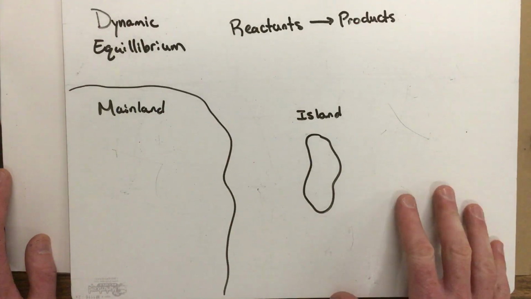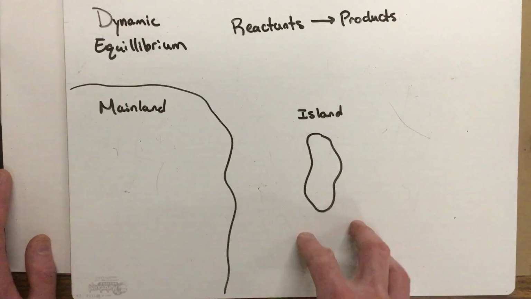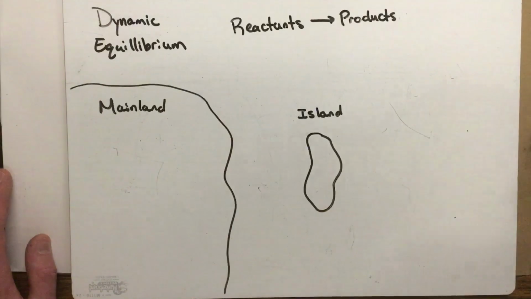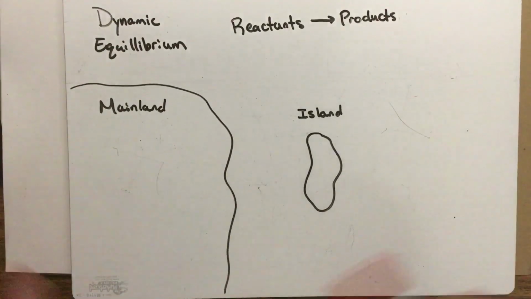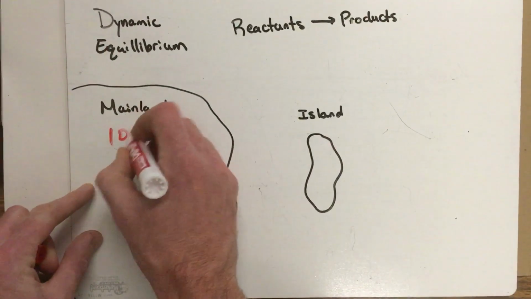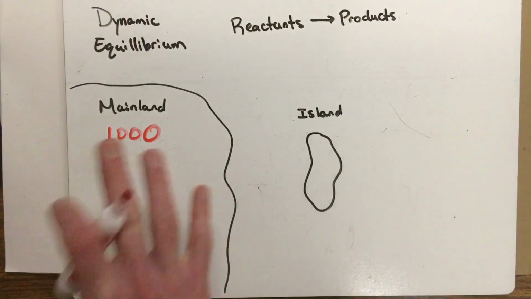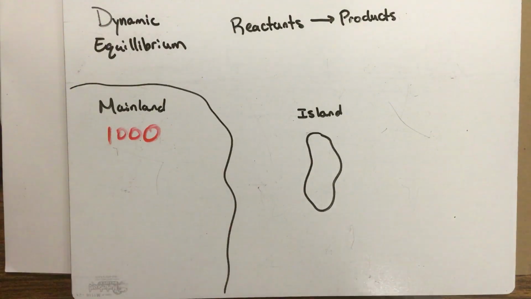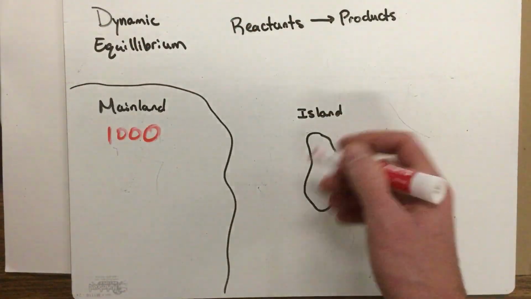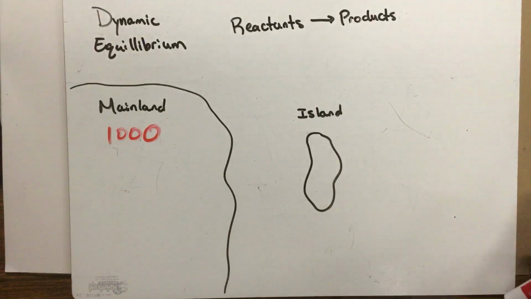So I use this analogy of a mainland and an island. Let's say that the mainland has 1,000 people, and that's really overcrowded. All right, so it's an overcrowded mainland with 1,000 people. I know, okay, it's really small, whatever. Well, then there's this island over here that could hold up to, let's say, 100.